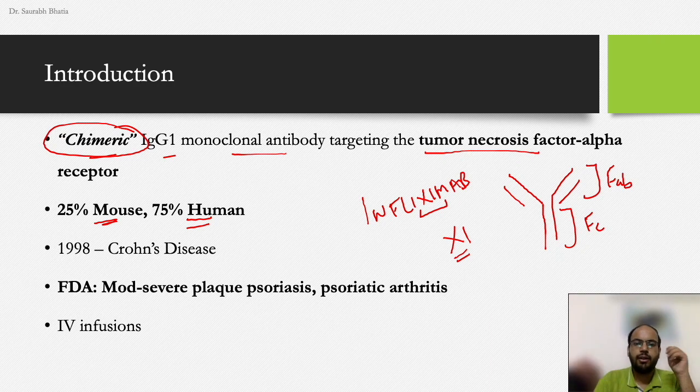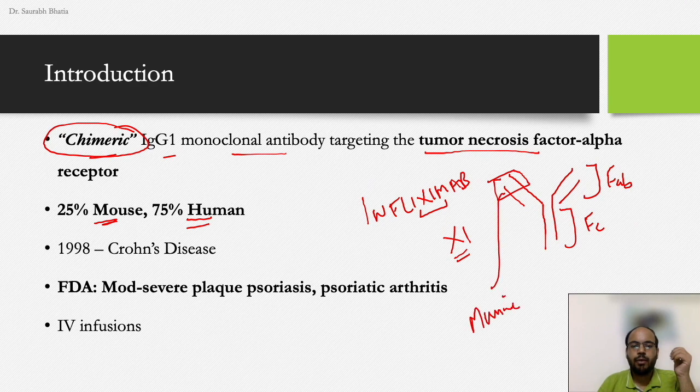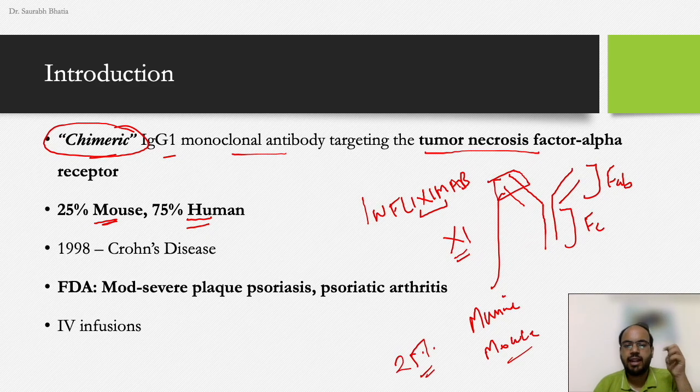If you just recall immunology, this is the variable part which changes as per the requirement of attachment of different types of antigenic molecules. So a portion of this part is derived from murine, or from mouse. Murine means mouse. So 25% of the infliximab molecule is derived from mouse genetic material, while the rest 75% is from human.